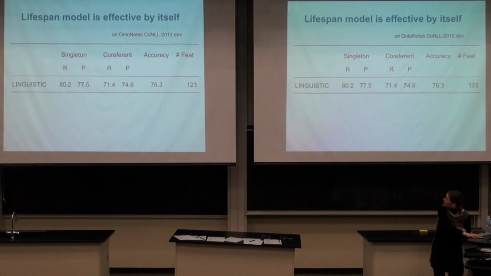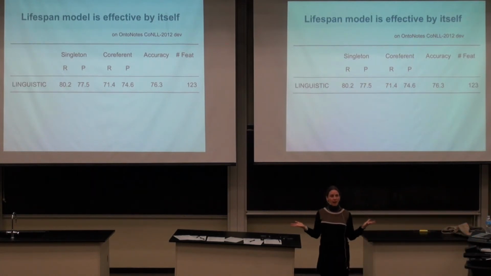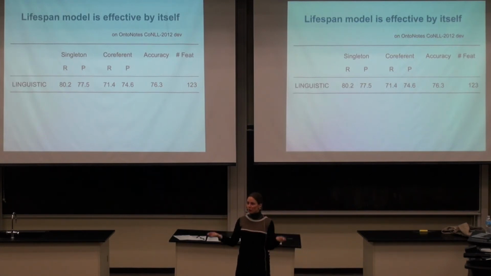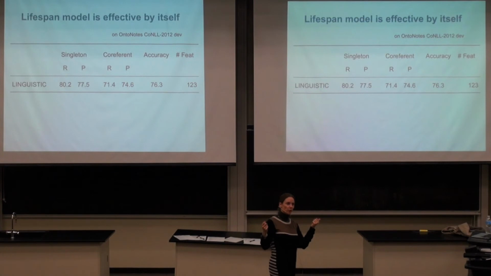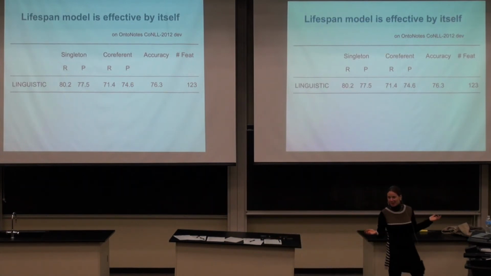So I mentioned this line: recall and precision for the singleton and coreference are quite good. But now there is the idea that if you have a lot of data, maybe you don't need very sophisticated linguistic features, and you can just use surface features and they will do quite well. And that's what happens.